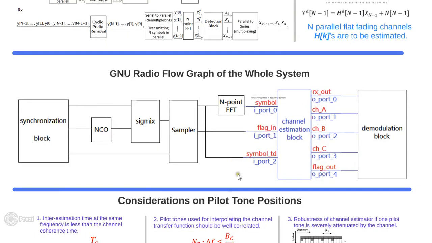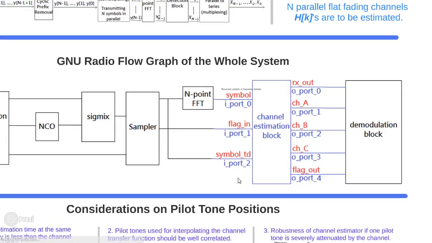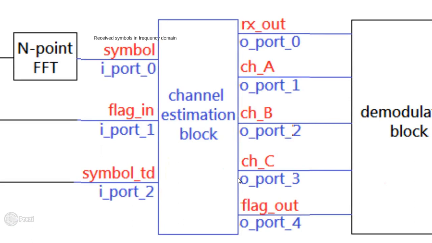Okay, here is the NCMA system as a whole. Our implemented channel estimation block is shown in color here. It has 3 input ports and 5 output ports. The first input port is the most important one. It receives the N-point FFT of the received samples in the frequency domain, and these are exactly what we are going to use to do the channel estimation.